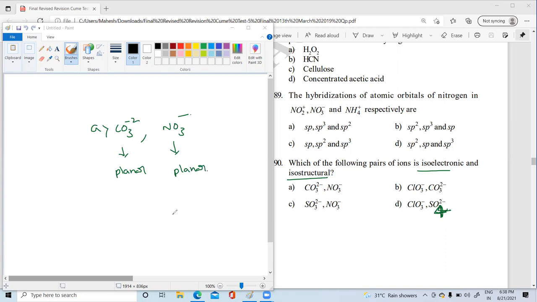Both have the same structure and the same number of electrons. Check here: 6 plus 3 into 8 plus 2 electrons gained. Even here, 7 plus 3 into 8 plus 1 negative charge. So both have the same number of electrons, students, and both have the same structure. Option A is the correct one. So 90 is the correct one.